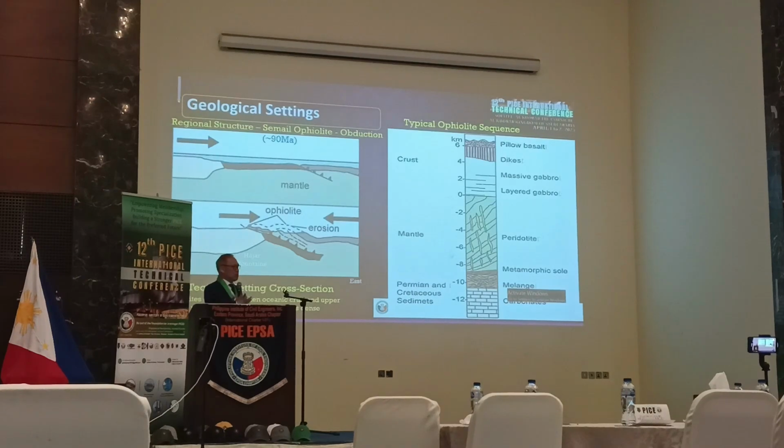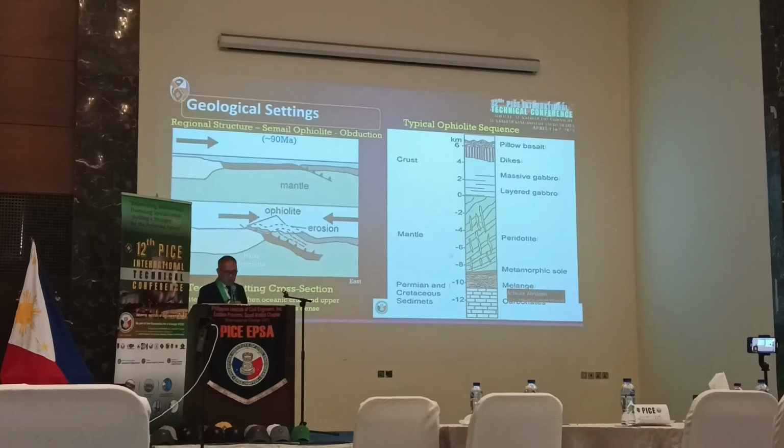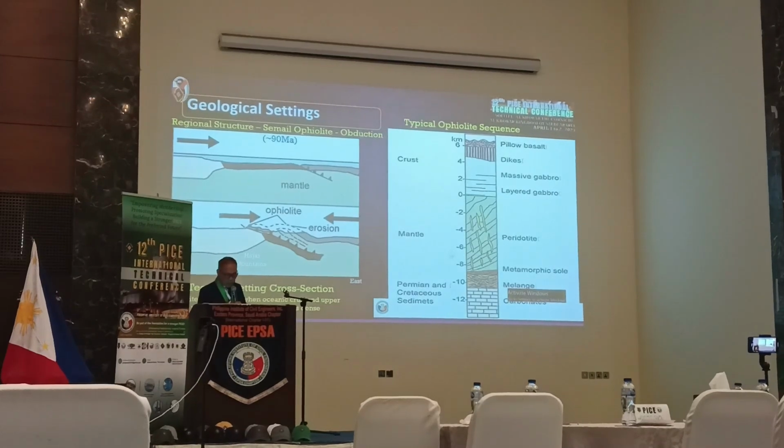Like the Philippines, the United Arab Emirates are located within the regional structure of, as I mentioned earlier, semi-ophiolite. So, UAE is bounded in the north by the Eurasian plate, and in the southeast, the Arabian plate. So, imagine the movement.